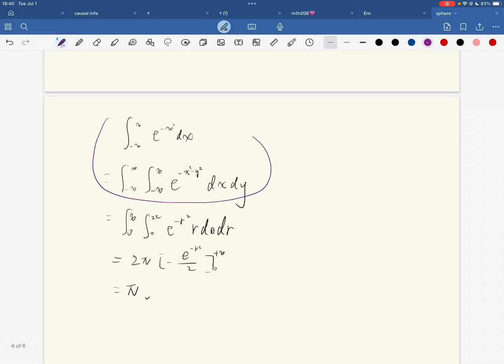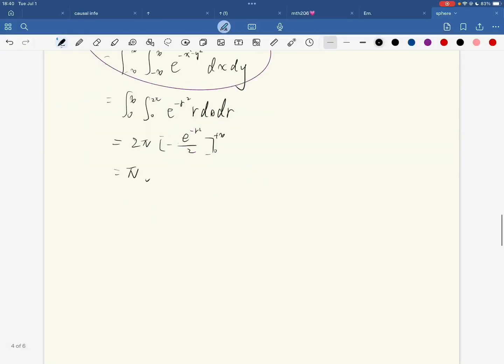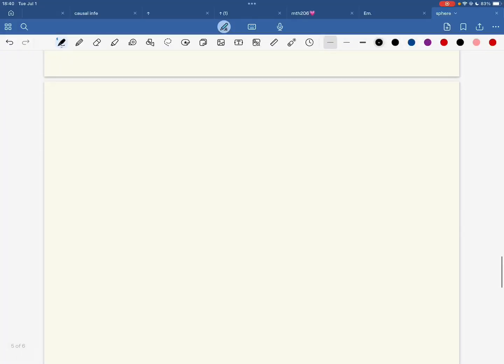And this step is the most important idea of the calculation.